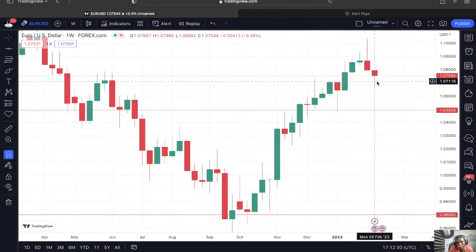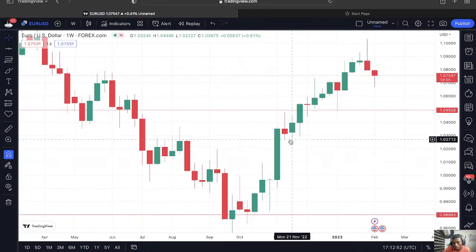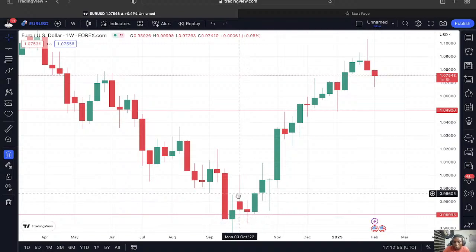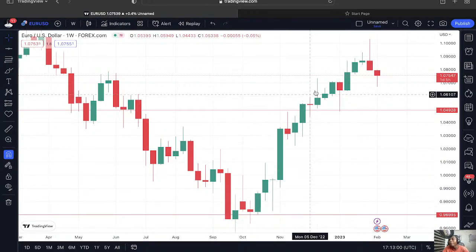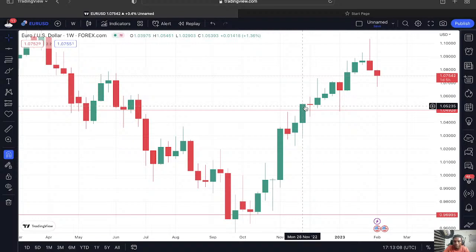All right, so here now we can see that the current market situation is showing so much pressure from the upside and the downside as well. But we can see that in recent weeks, from October 2020 to September 2022, we've been seeing some buying power coming in on the Euro USD.